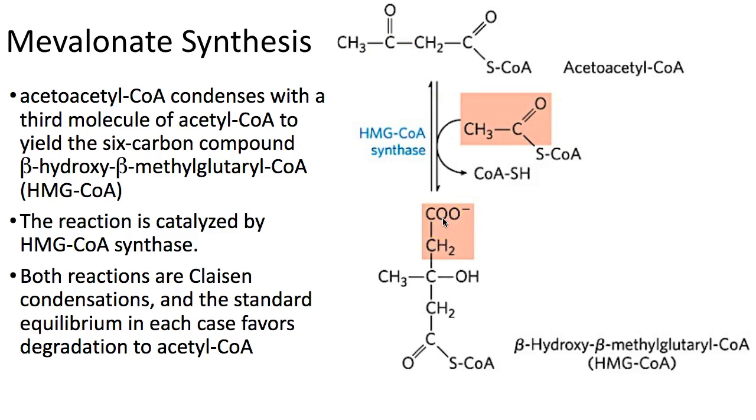It uses an enzyme called HMG coenzyme A synthase, and the name comes from the product that is produced, which is beta-hydroxy-beta-methylglutaryl coenzyme A. So that is what this molecule is.